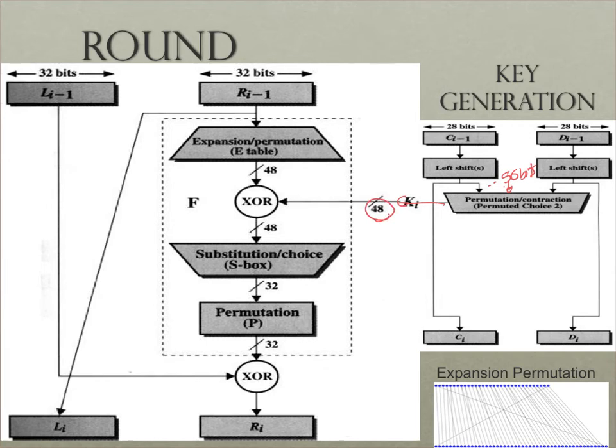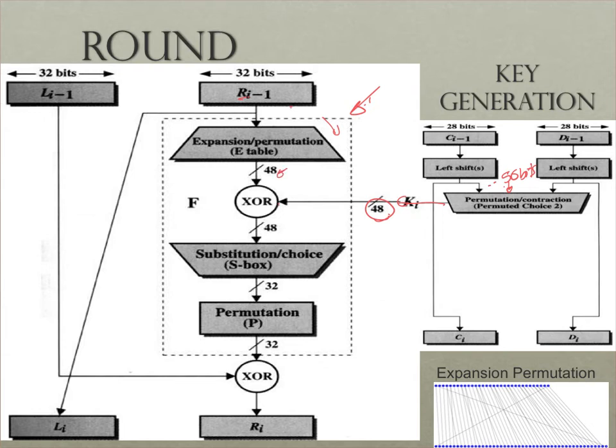So these 48 bits will be XORed with the output from this stage. What we have in this dotted frame block here is what we call the F function, or the round function. The F function takes Ri minus 1, the right element, which is 32 bits. In order to perform an operation on it, we need to convert it first from 32 bits to 48 bits.